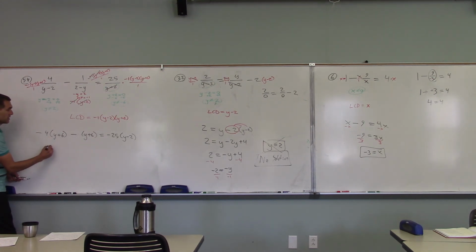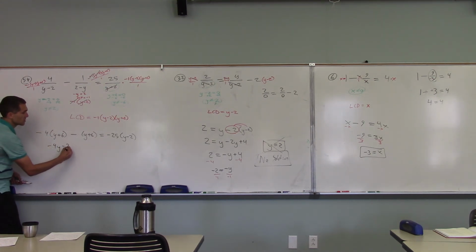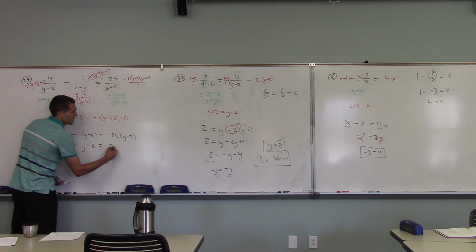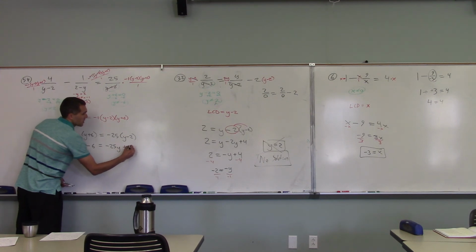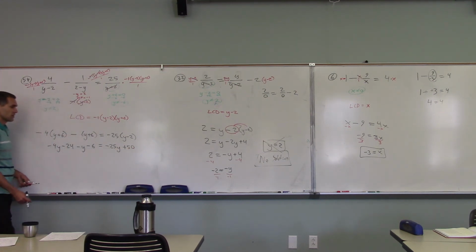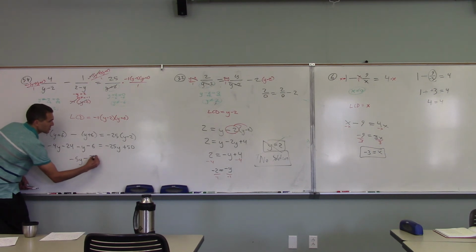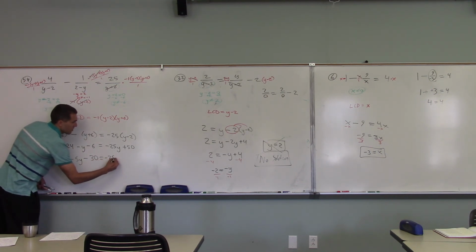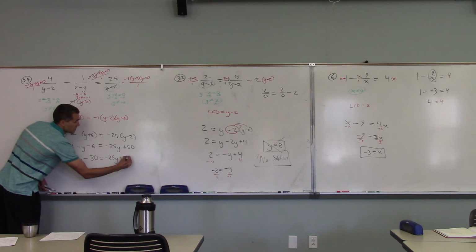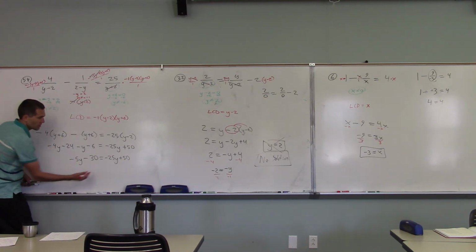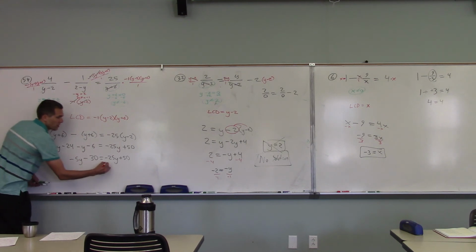So distributing, negative 4y minus 24 minus y minus 6 equals negative 25y plus 50. Combining my like terms, negative 5y minus 30 equals negative 25y plus 50. Put it all on one side. So I'm going to put the y's on this side so they're positive.